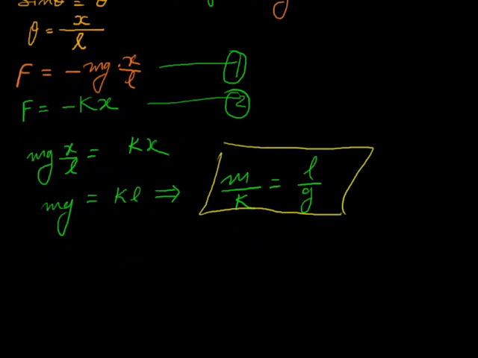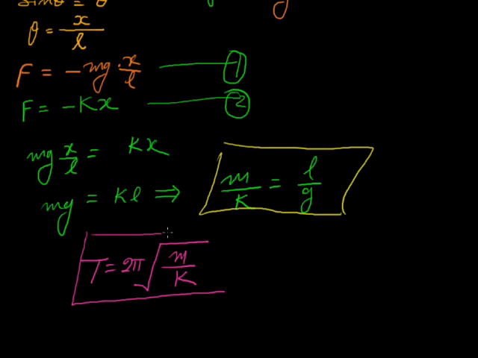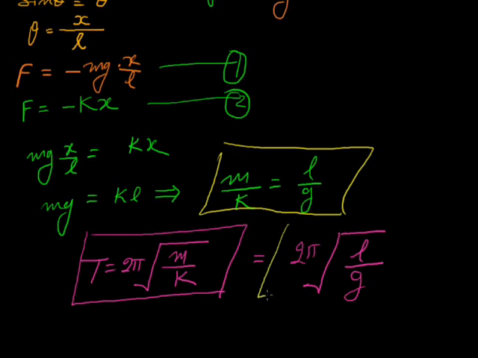We know that the time period of the pendulum is given by T equal to 2π root m by k in simple harmonic motion. So here the time period of the pendulum will be 2π root L by g. Here m by k is L by g. This is also the time period.